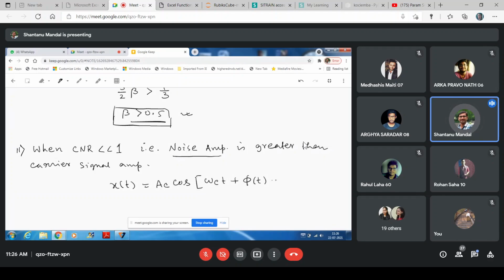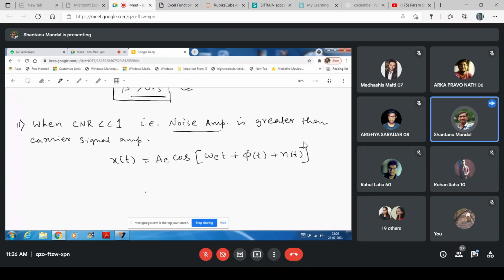In this case, noise is also considered, because the noise amplitude is greater: xt equal to AC cos of omega ct plus phi t plus nt, where nt equal to RT into cos of omega ct plus psi t.